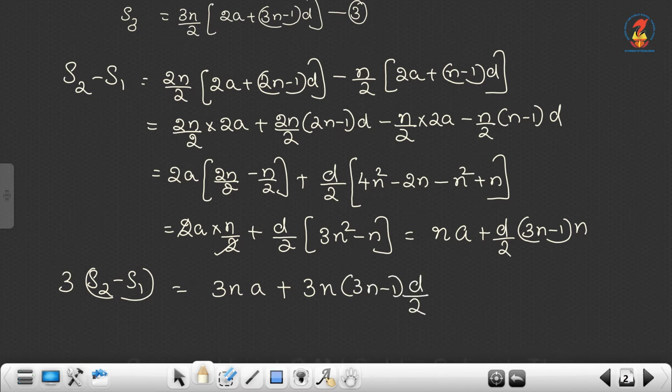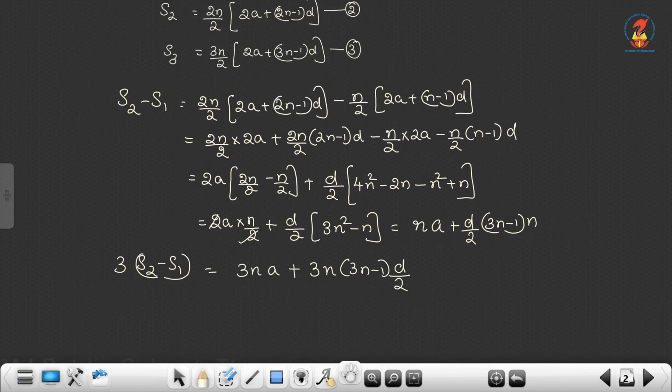Multiply the first term by 3 and the second term by 3. Okay. Now, is it same as S3? You just check it.